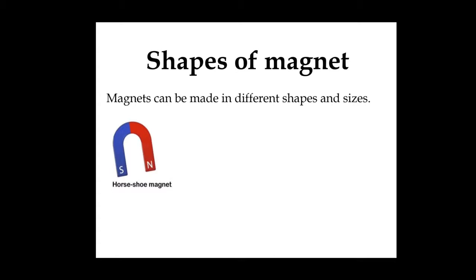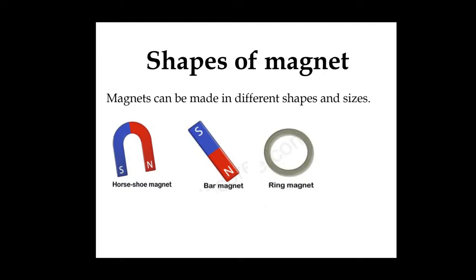This is also called U-shaped magnet, then bar magnet, then ring magnet, and then this shape is the cylindrical magnet. So these are the most common shapes of magnet we are using in our regular life.